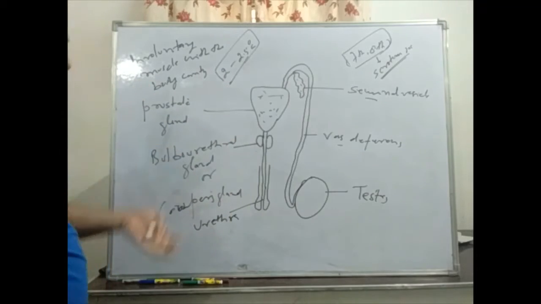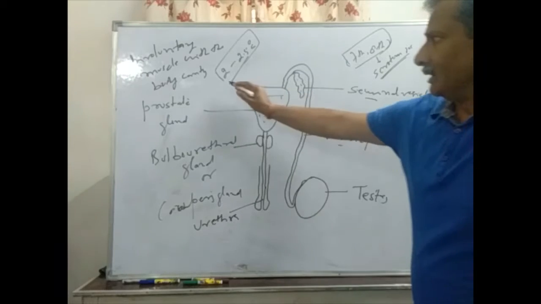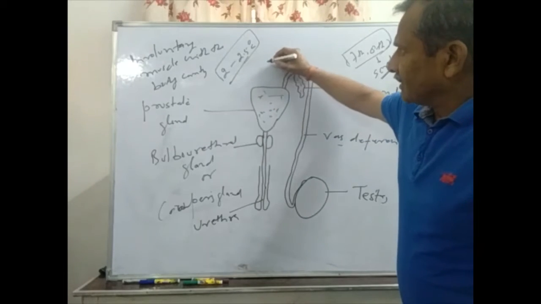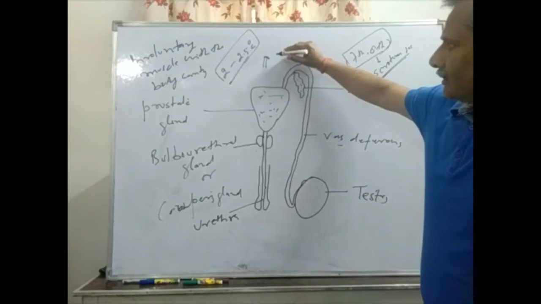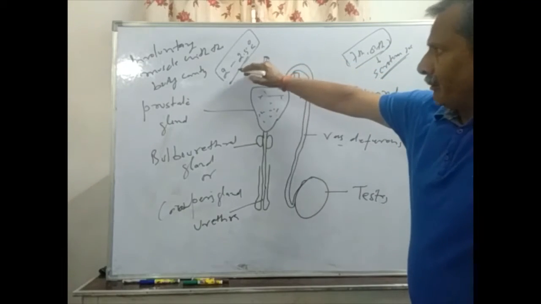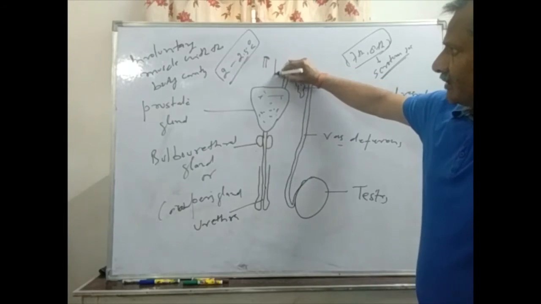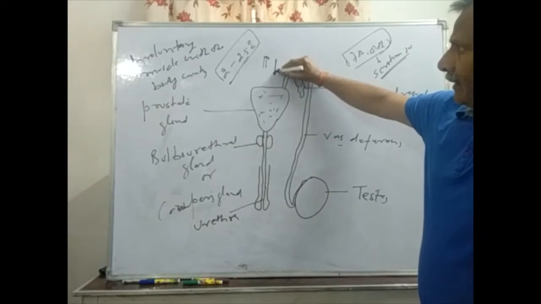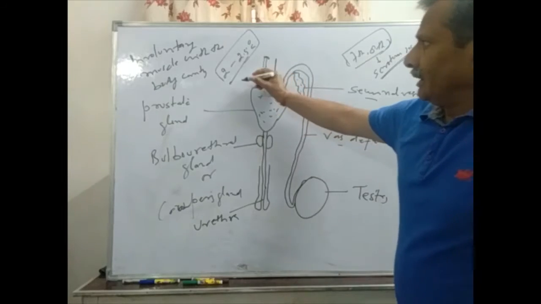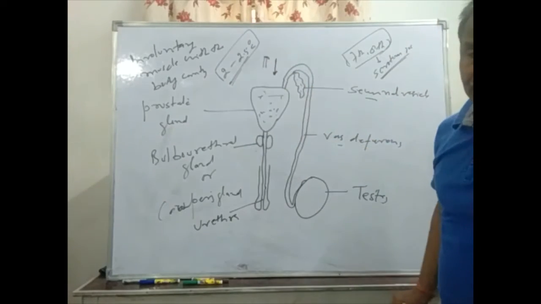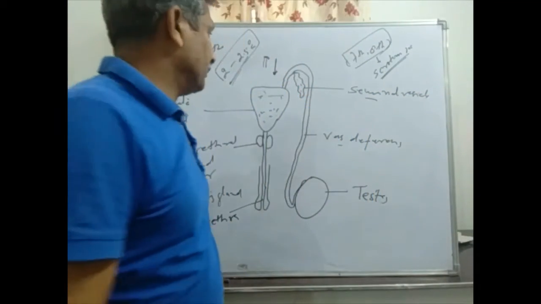During environmental changes, when there is a fall in temperature, the muscles constrict and the testes go closer to the body to maintain their temperature. And when temperature rises, they descend away from the body. So they maintain the temperature variation of 2 to 2.5 degrees centigrade from our body temperature.